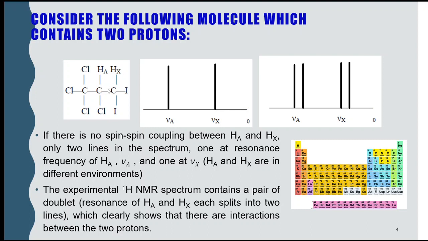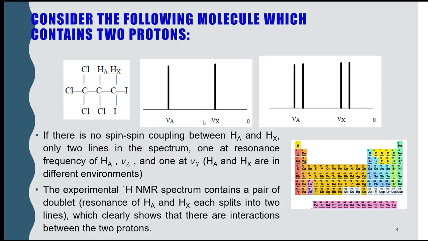If there is no spin-spin coupling, obviously these two hydrogens are not in the same environment. This one is linked close to iodine, and this one is linked to chlorine. So if there's no spin-spin coupling, this is the spectrum you get. But because of the spin-spin coupling, this is what you're going to get. Clearly, it shows that there is actually an interaction going on, and that's what we're going to talk about today.